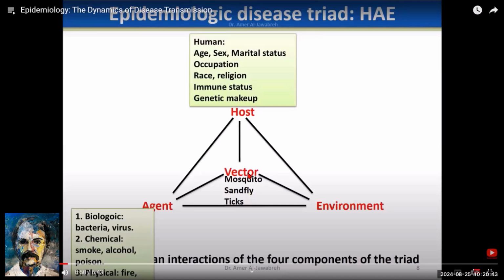What Sacher also proposed, this has been applied, which is making modification. What they did for the vector is they exposed the vector to radiation. The males of mosquitoes, Anopheles, were exposed to radiation. And these males became sterile.